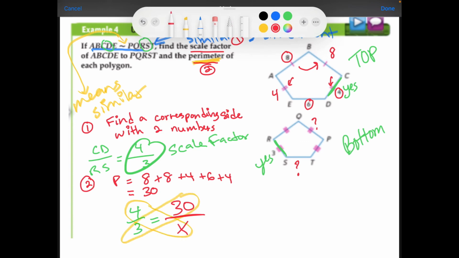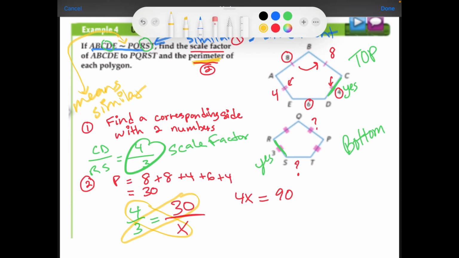and solve for x. 4 times x gives me 4x. 30 times 3 would be 90, I believe.